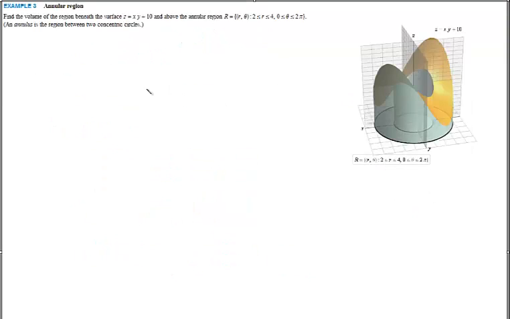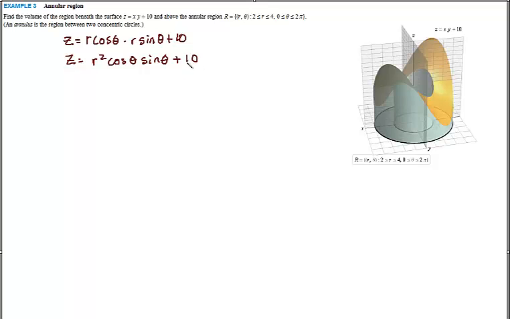In our next example, we're to find the volume of this region. This is not quite as pretty as the others. For my x, I'm going to insert r cosine theta. For my y, it's r sine theta plus 10. So that means my z is going to equal r squared cosine theta sine theta, lovely, plus 10.